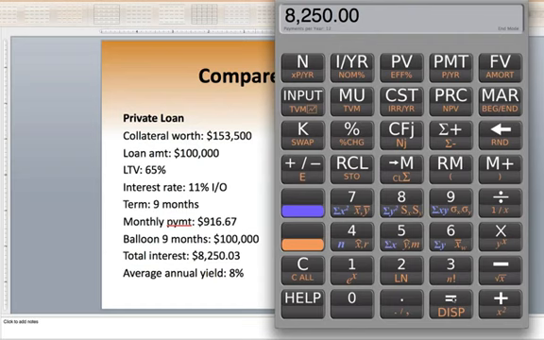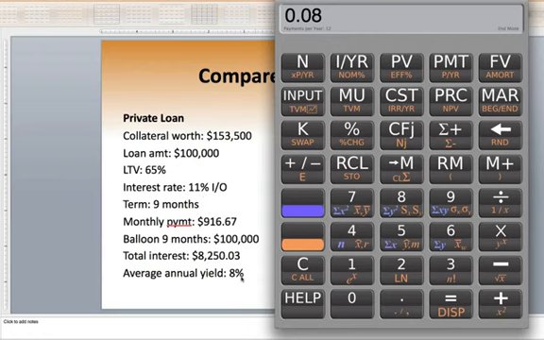And if you figure the last 3 months of the year you are empty, looking for the next deal, then this is how much you made for the year on your $100,000. So let's divide by $100,000 equals 8%. Even though you had an 11% yield here, your annualized return was still 8%.